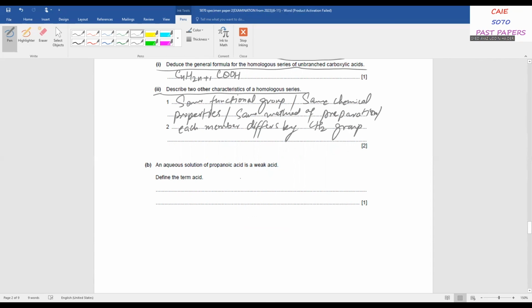You can even talk about the trend in physical properties.